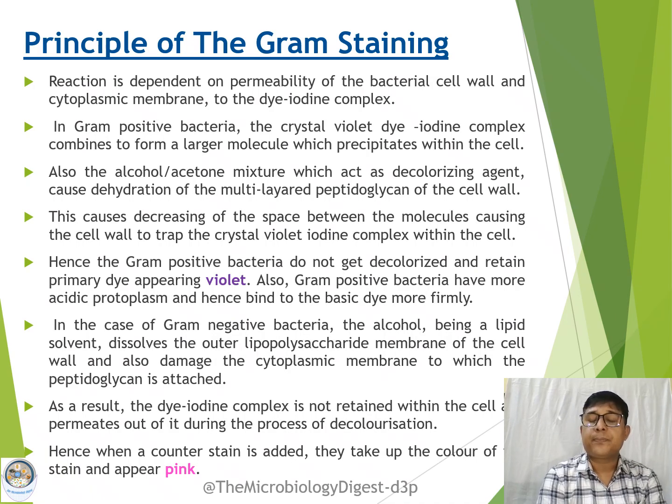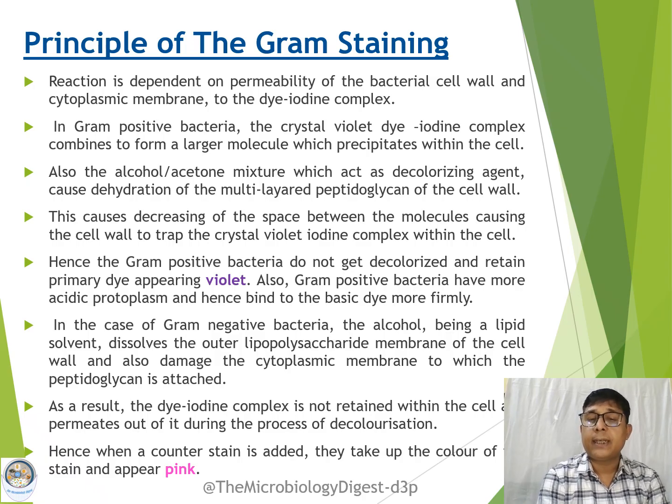Because of this, once the stain enters a bacterial cell, in gram-positive bacteria the diiodine complex which is formed during the staining reaction cannot be removed during the decolorization process. That is why gram-positive organisms retain the primary stain color.